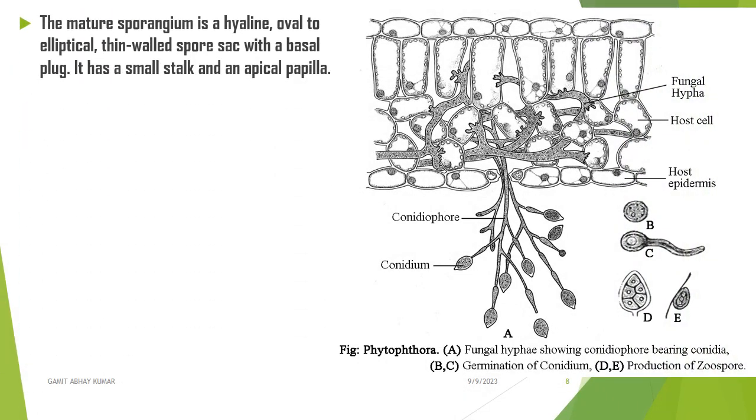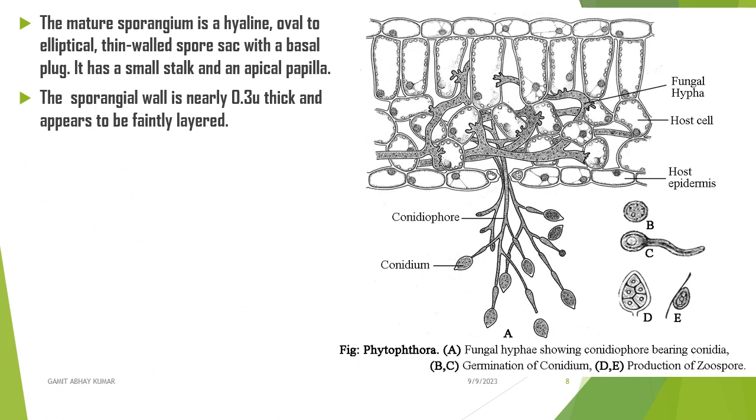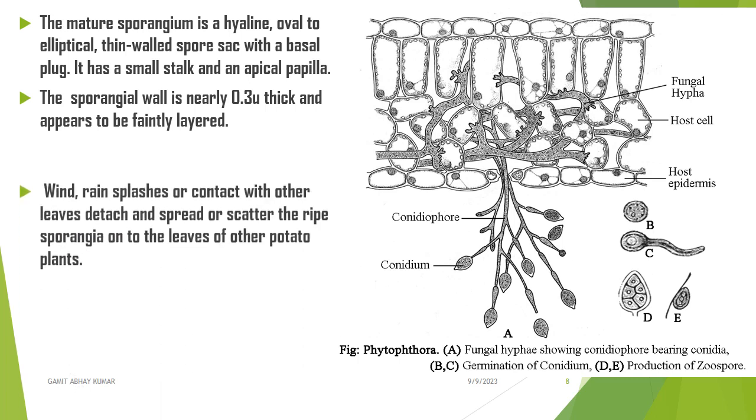The mature sporangium is a hyaline, oval to elliptical, thin-walled spore sac with a basal plug. It has a small stalk and an apical papilla. The sporangial wall is nearly 0.3 micron thick and appears faintly layered.